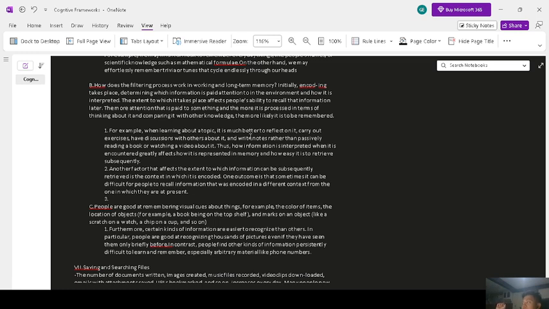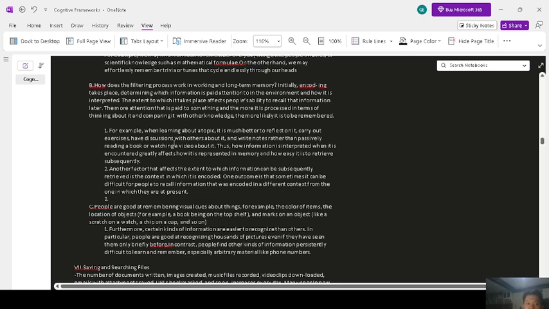For example, in reading fiction books, you always have to imagine the characters. When learning about a topic, it's much better to reflect on it, carry out exercises, have discussions with others about it, and write notes, rather than passively reading a book or watching a video about it.